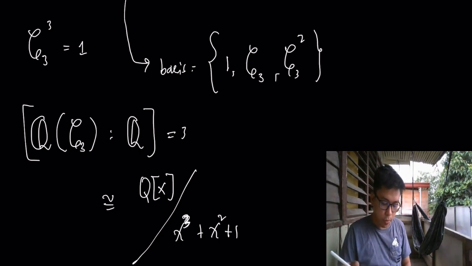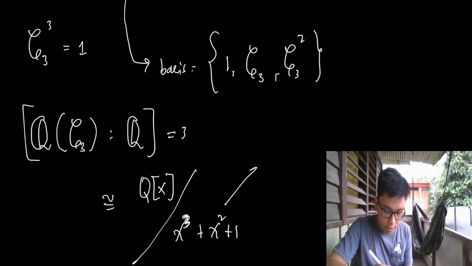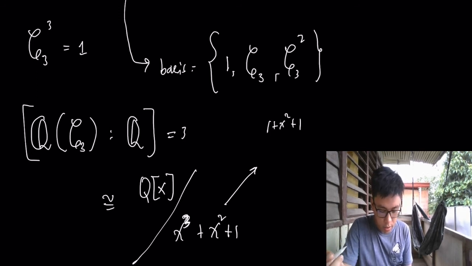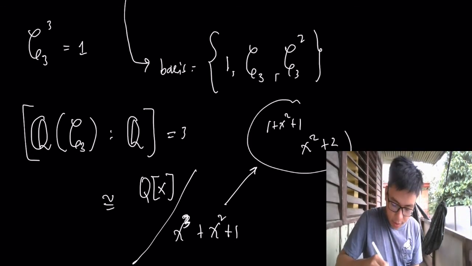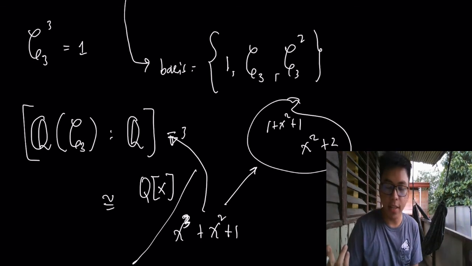So let's try to double check if this is a monic irreducible polynomial. Okay, so the degree is 3 and that's correct. This is a monic polynomial. Let's check if this is irreducible. x cubed is actually 1. That's x squared plus 1. Yeah, that's it. So that means there is no root here over Q. So this will work. That's it.